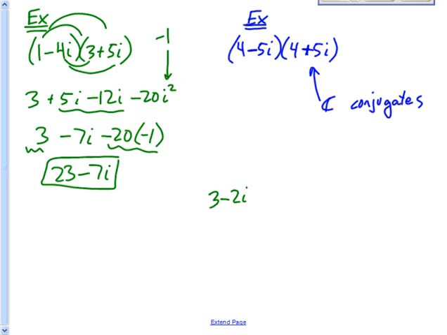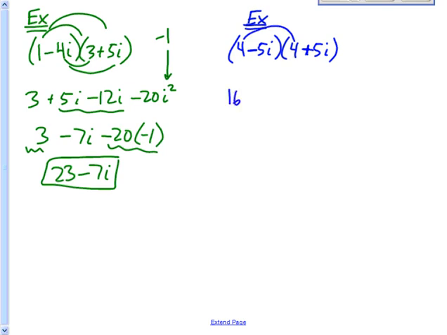You'd say, well, the complex conjugate is 3 plus 2i. What's the complex conjugate of negative 4 plus 7i? And you'd say, well, the complex conjugate is negative 4 minus 7i. So you're only changing the sign between them to find a conjugate there, okay? Let's see what happens when we multiply these complex conjugates.